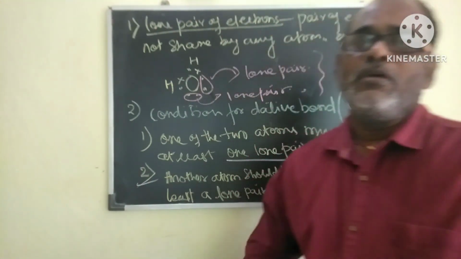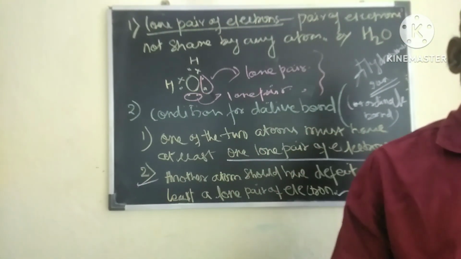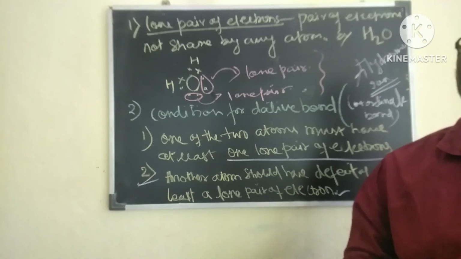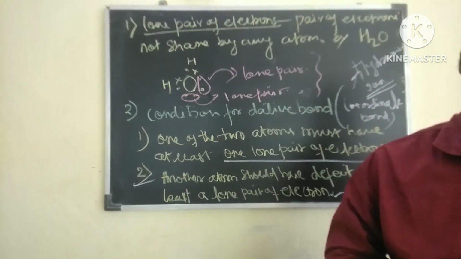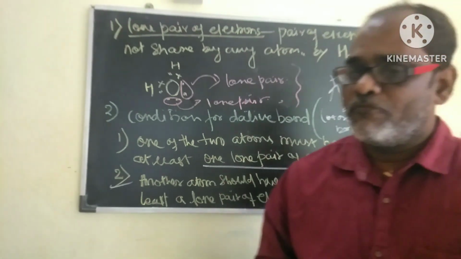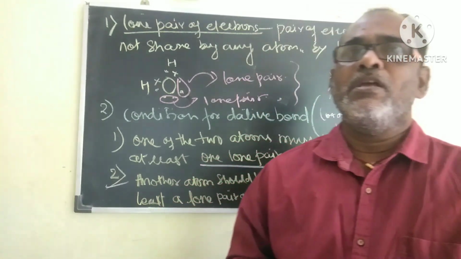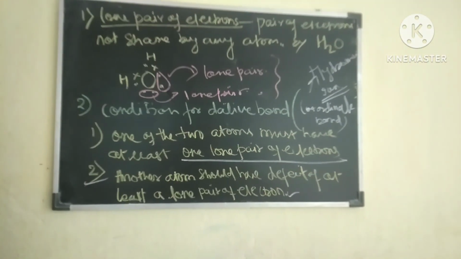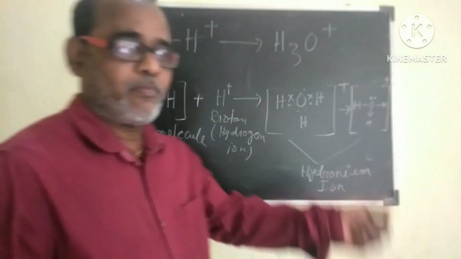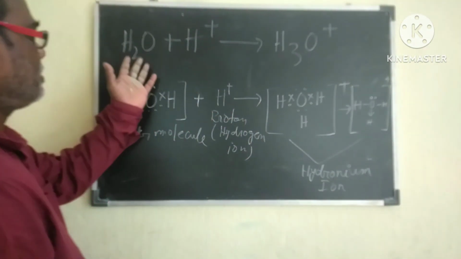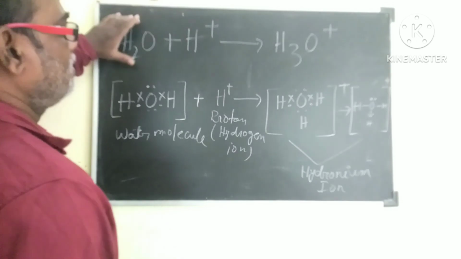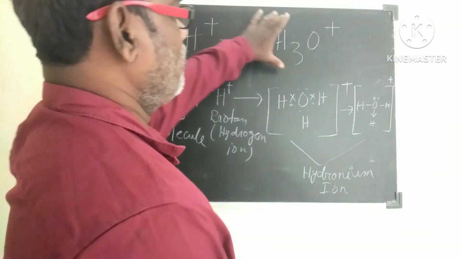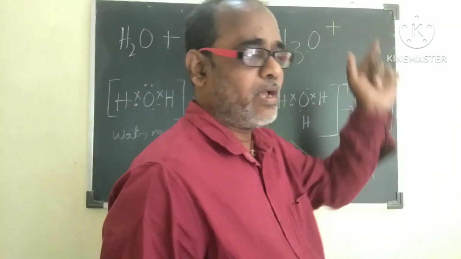Now I am going to draw the structure of hydronium, which often appears in exams, and for practice you can go with the ammonium ion also. First, you must know the equation: water plus a hydrogen ion gives the hydronium ion.